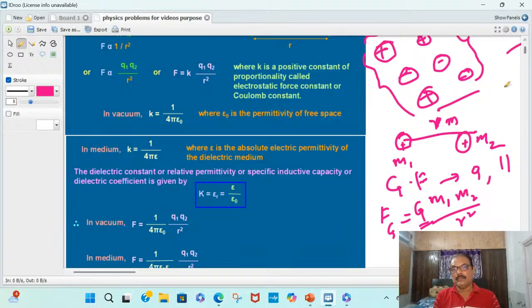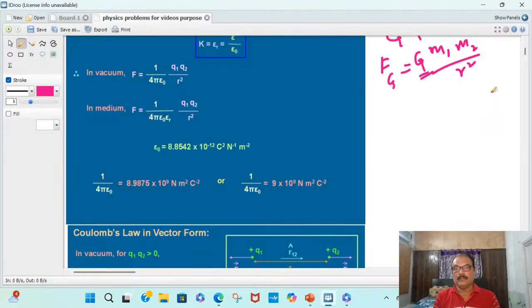For example, all the planets are revolving around the sun, and satellites are moving around the planets. That is because of the gravitational attractive force, as you have studied already in the universe and other concepts.